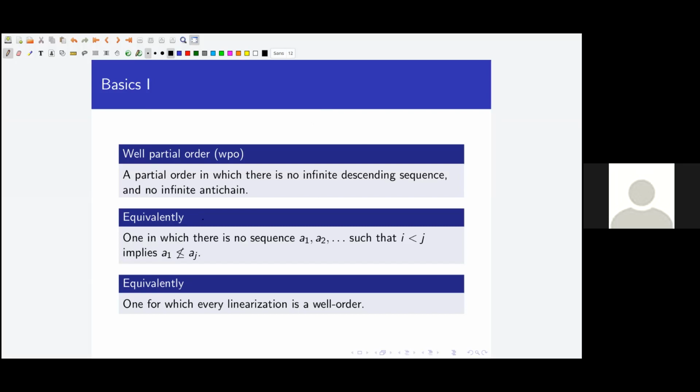And this has a number of well-known equivalent formulations. Two formulations that may be interesting: the first one uses something called bad sequences, and one says that every linearization, that is, when you extend the partial ordering by adding new relations until it's total, is a well order.